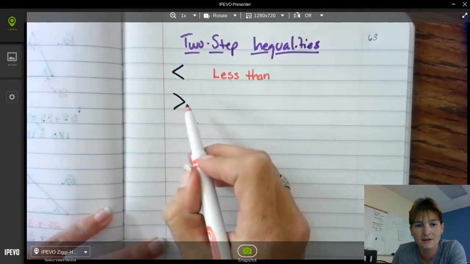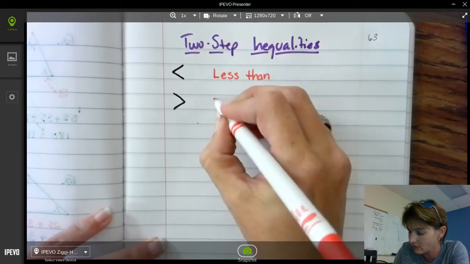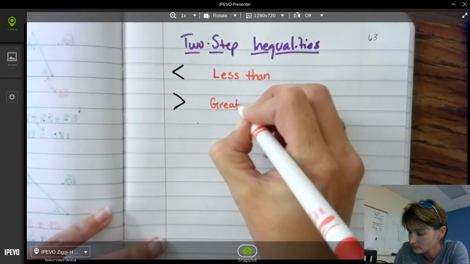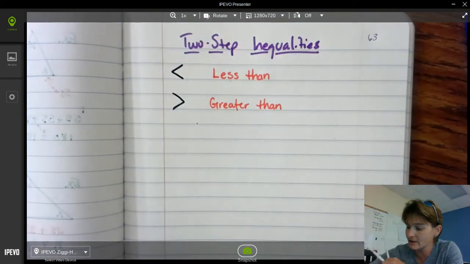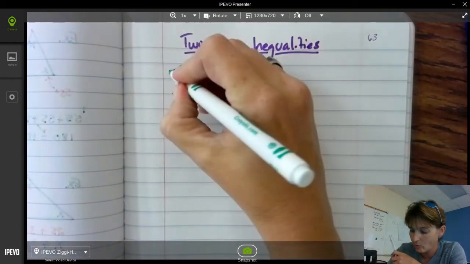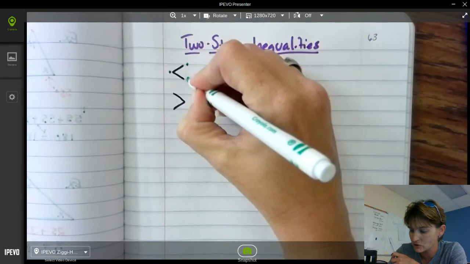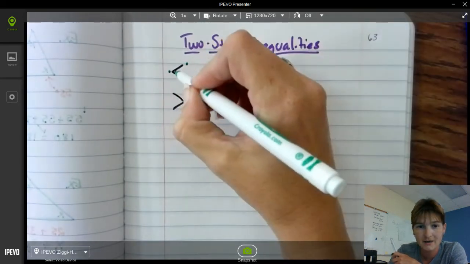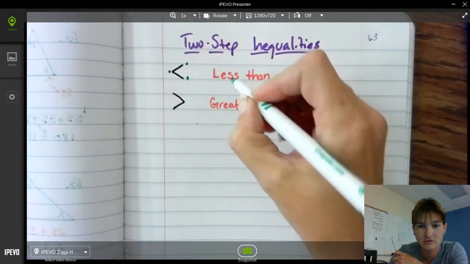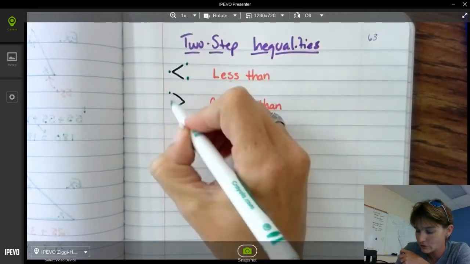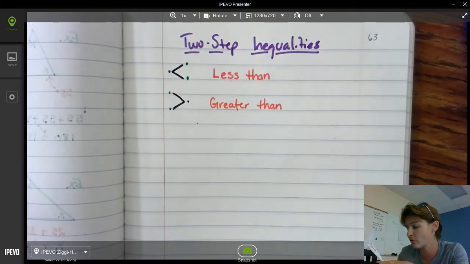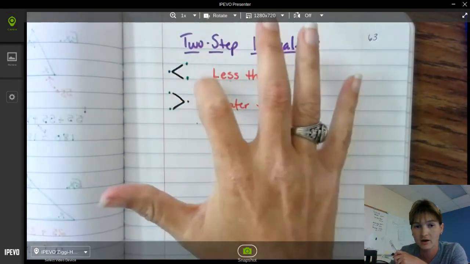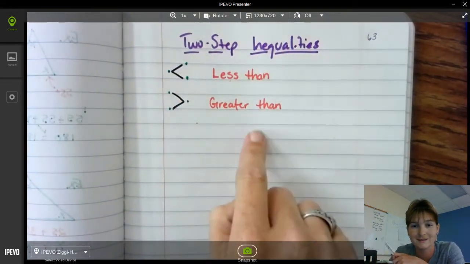And reading from left to right here, big to small, is your greater than symbol. Another trick to remember which is which: 1 is less than 2. So there's your less than. And 2 is greater than 1.